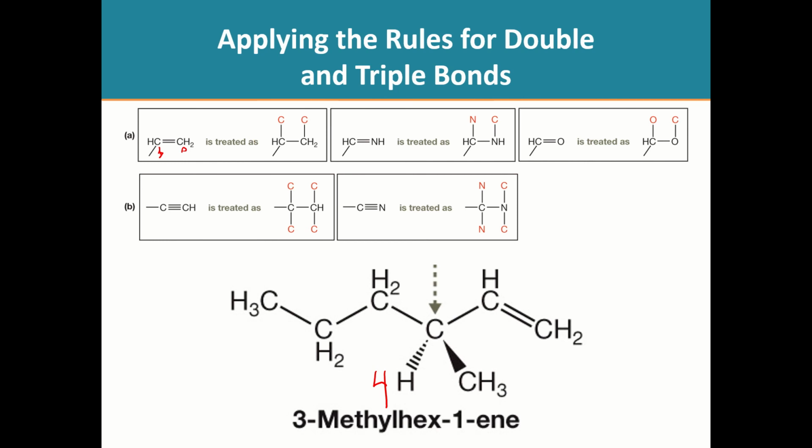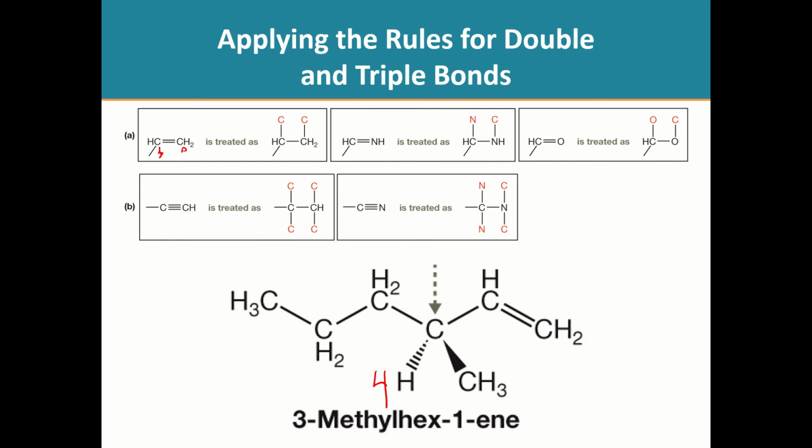So in this example right here, when prioritizing, you get rid of the double bond. And you take this atom right here and you switch it. You see how we took the nitrogen and stuck it on that carbon and then stuck a carbon on that nitrogen? Now we're doing this just so we can prioritize.